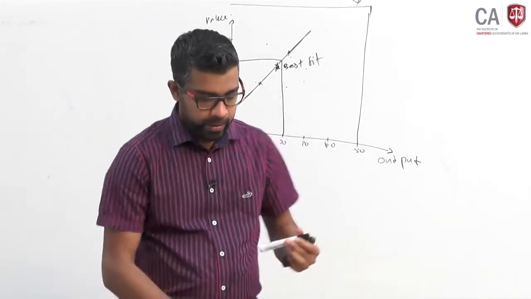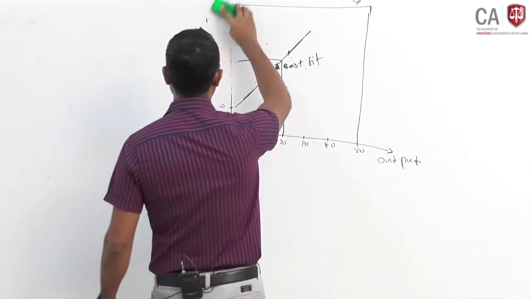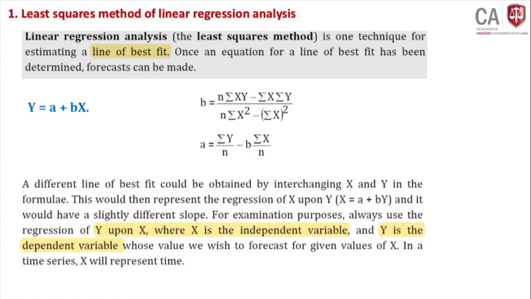Fine. Let me first erase this and explain that equation. The least square method equation is Y equals A plus Bx.